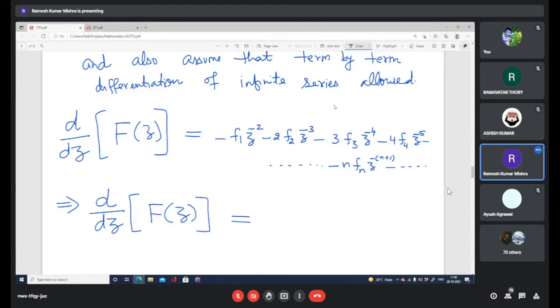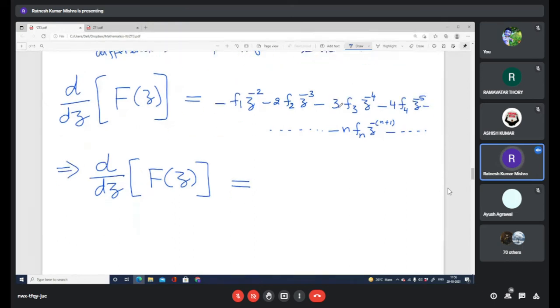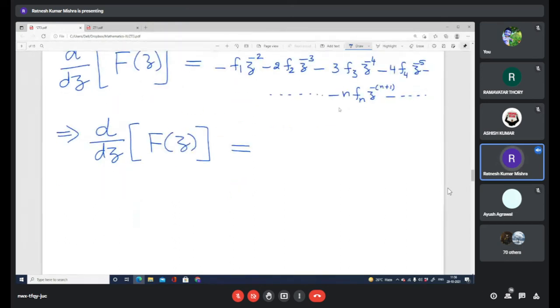Now in this one take z to the power minus 1 and also the negative sign as common, minus 1. Minus goes outside, so this is f1, and z to the power minus 2 goes outside, so this is 1 by z. So write f1 by z.